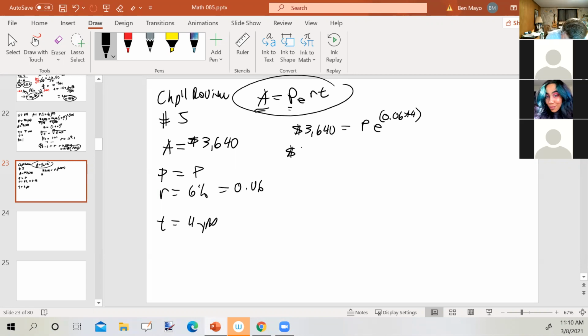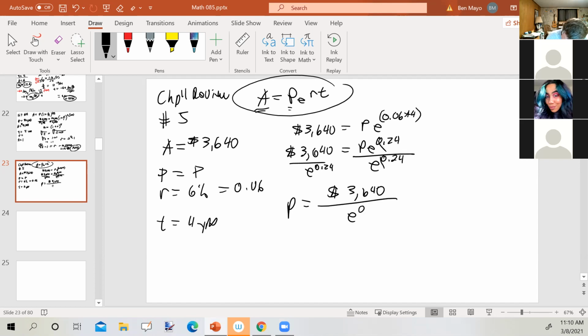So I'm going to calculate 0.06 times 4. So this is e to the 0.24 power. Now I'm going to divide both sides by e to the 0.24 power. So P equals 3,640 divided by e to the 0.24 power.